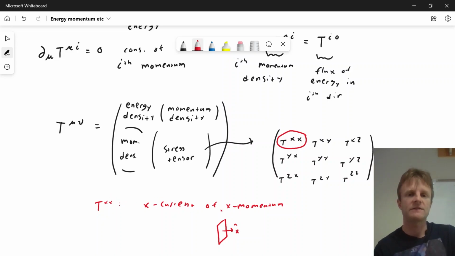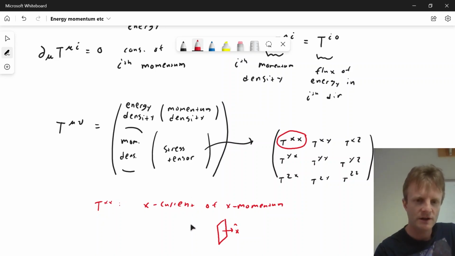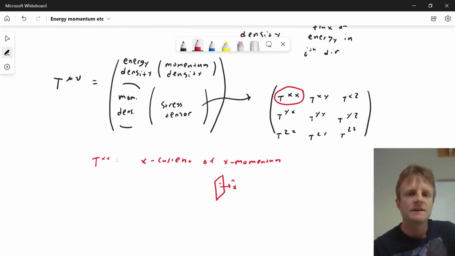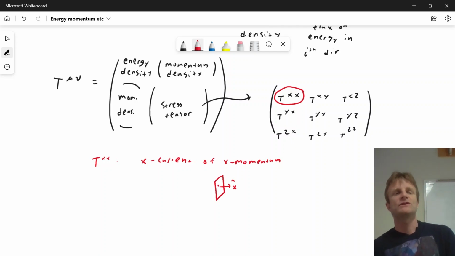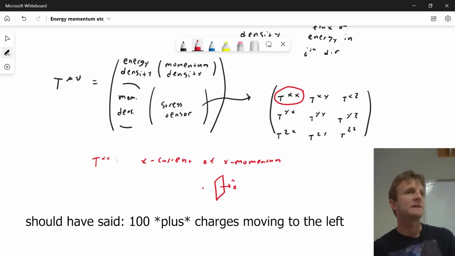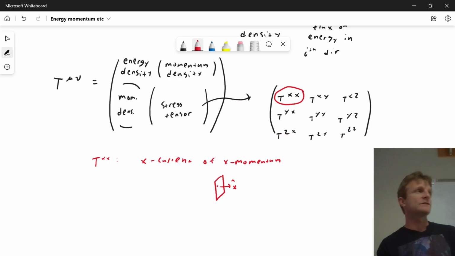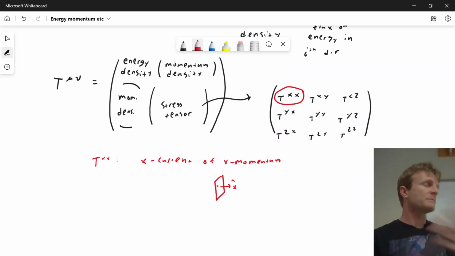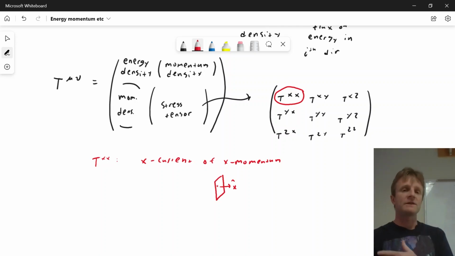Well, Txx is telling us how much x momentum is going through this surface, which is a little different. One difference is, for the charge current, if you had 100 plus charges moving to the right at some speed and 100 minus charges moving to the left at some speed, that would be 0 charge current, because those plus charges carry charge to the right, those other plus charges carry charge to the left, and there's no net flux.